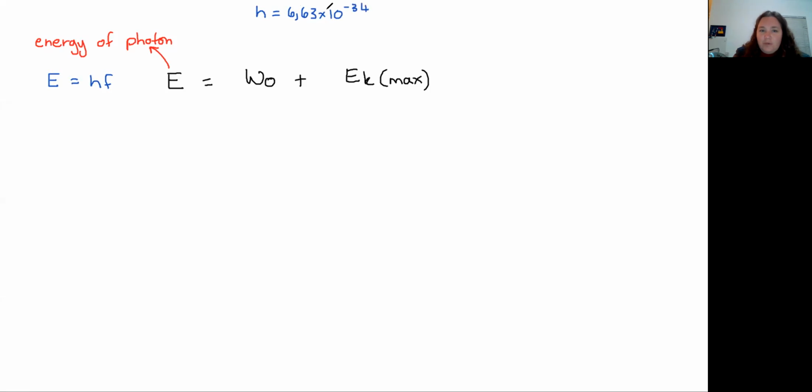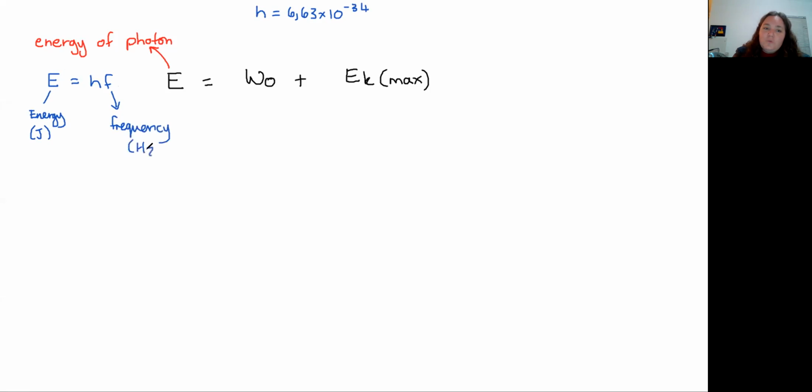I'm not going to go into units again. And f is our frequency. So the energy of the photon, measured in joules, is equal to Planck's constant given over there multiplied by the frequency in hertz.